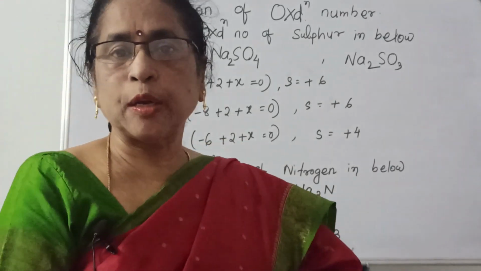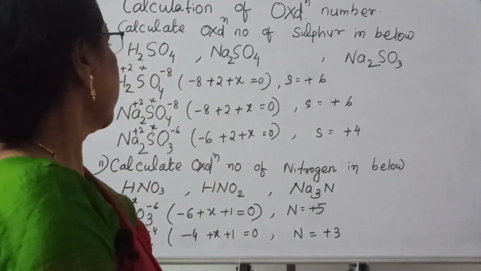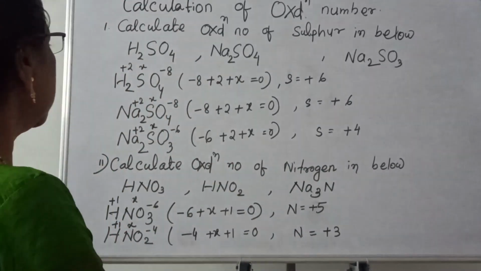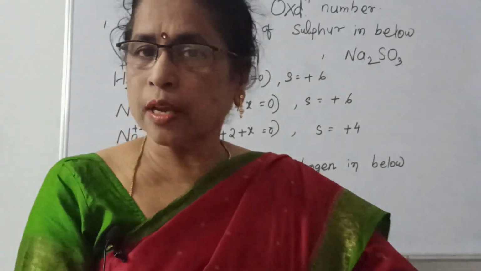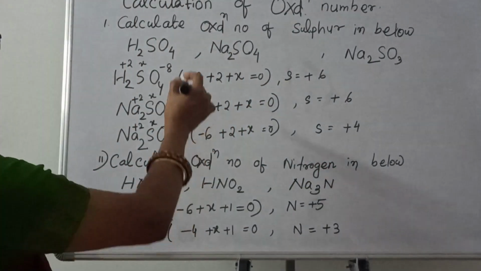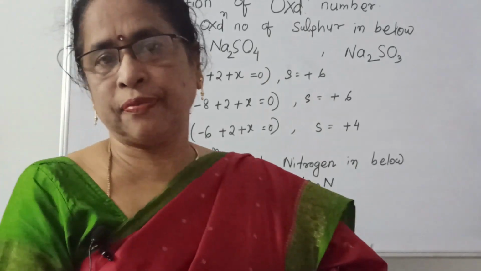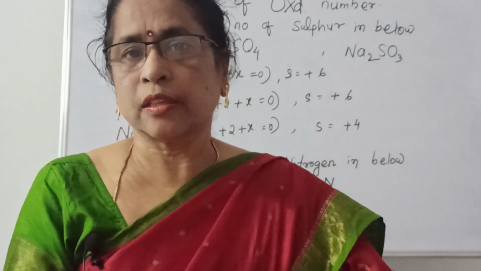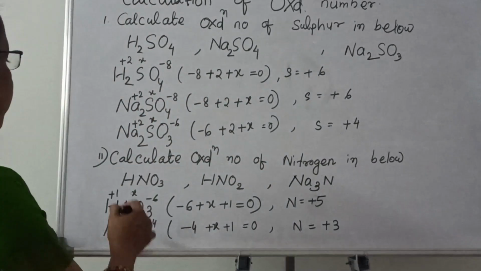So what is the value of x? The value of x equal to plus 4. That means here the oxidation number of sulfur in sodium sulfite is plus 4. Now you can see the oxidation number of sulfur in different compounds is different. This is the calculation of the oxidation number of sulfur in different compounds.